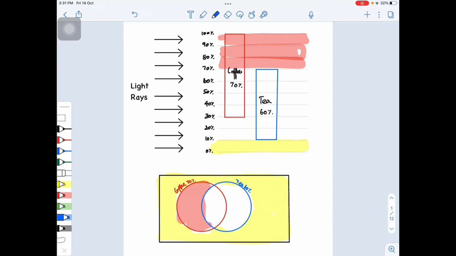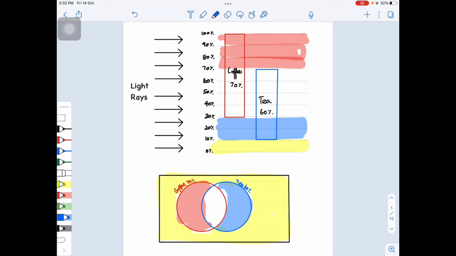Now similarly, there is only the blue color region or only tea region in this Venn diagram method, which is equivalent to this 20% of light rays. So these 20% light rays pass through only one filter, which is the blue filter.